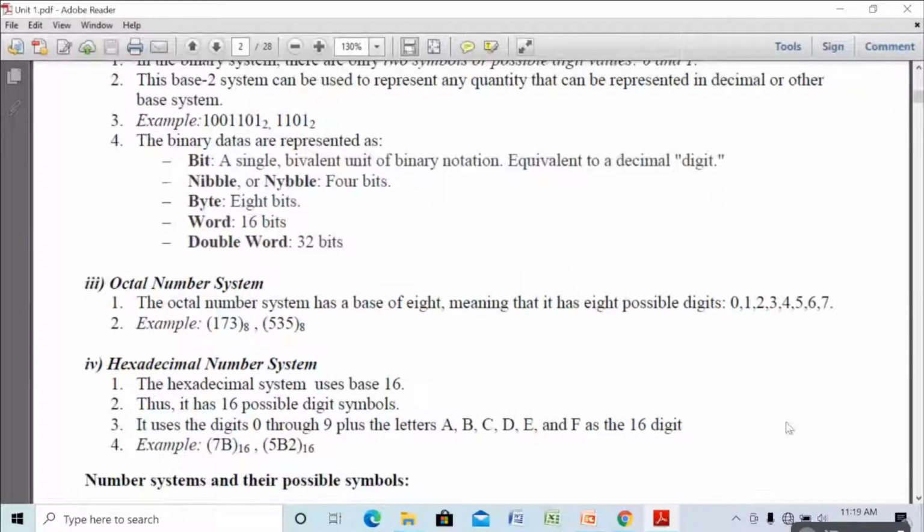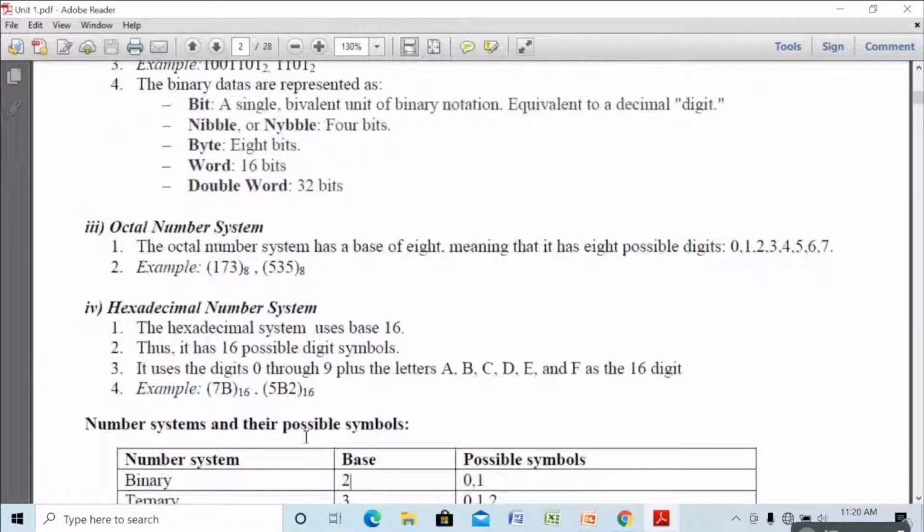From 0 to 9, that is 10 elements, plus A, B, C, D, E, F, so totally 16 digits. Most microcontrollers and microprocessors use the hexadecimal number system for convenience. So this is the representation of hexadecimal. Its base is 16.